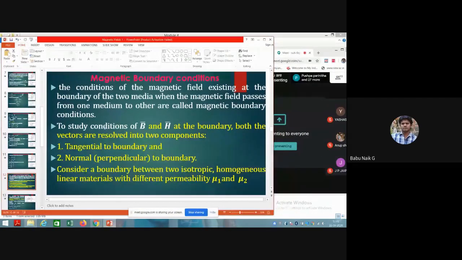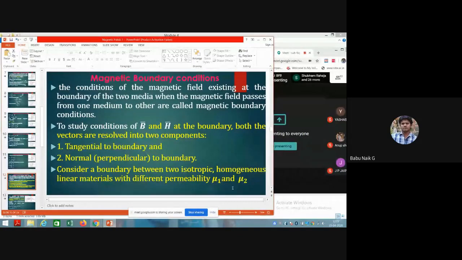Okay, with these things we have to study the behavior of the magnetic flux density and the magnetic field intensity in the boundary condition region, both being vectors, which we can solve in two components. What is to be calculated on the boundary condition is the flux density and the field intensity.